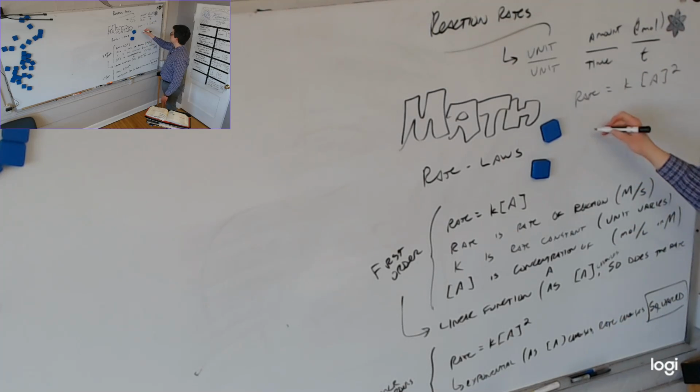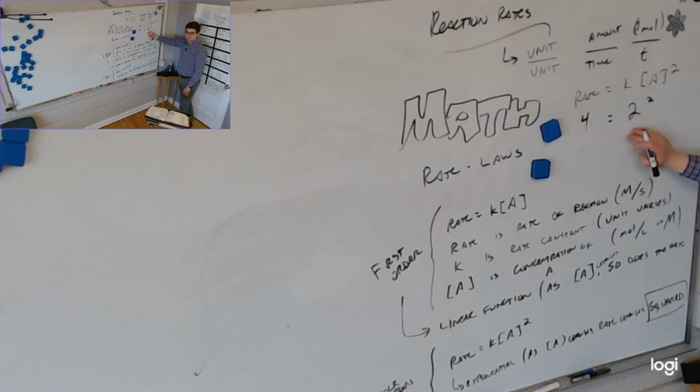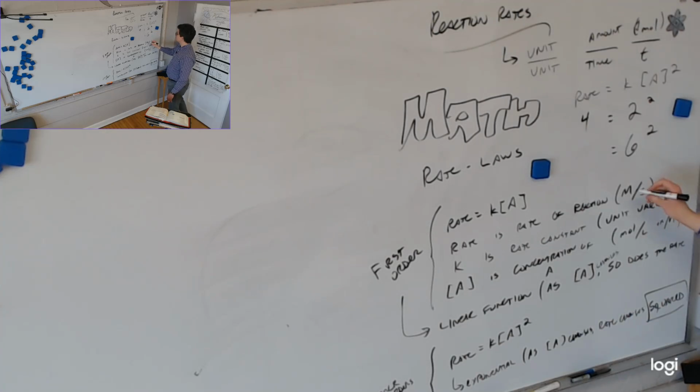It still exists, but now my rate is going to equal 2 squared, which is 4. But now I'm going to triple the 2. I'm changing this by 3 times. I tripled it, 6 squared, which is now 36. So I tripled this, and this multiplied by 9. It changes the same way as this, squared.